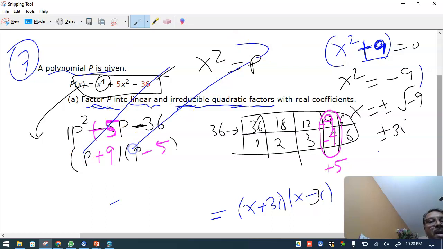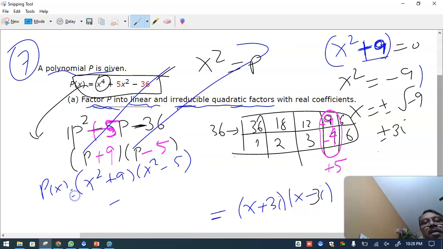Put it back, and you get x squared plus 9 and x squared minus 4. So this is what you get. And the question is, can we factorize into linear and irreducible quadratic factors?